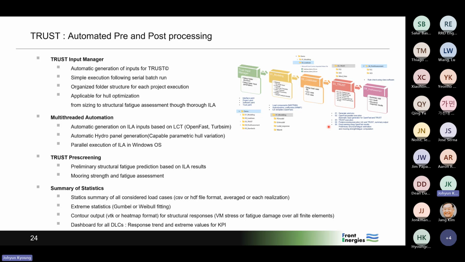And all this TRUST suite is coded with multi-threading capability, so it can be run in parallel on a Windows system. Definitely on the HPC system, we are doing parallel analysis, so the ILA execution and synthesizing can all be done in parallel.